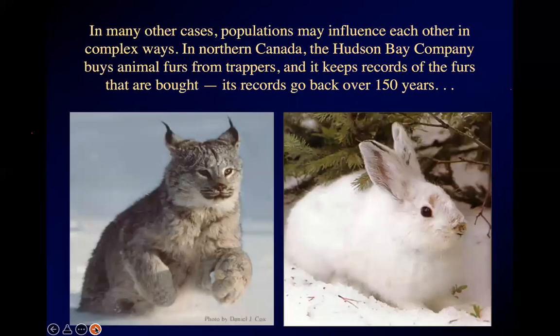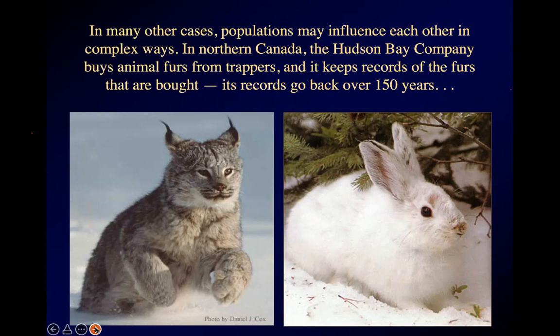But remember that a community is a set of populations. And one of the things we find is that populations influence each other. And this is some beautiful data that shows you how it happens. In northern Canada, the Hudson Bay Company buys animal furs from trappers, right?